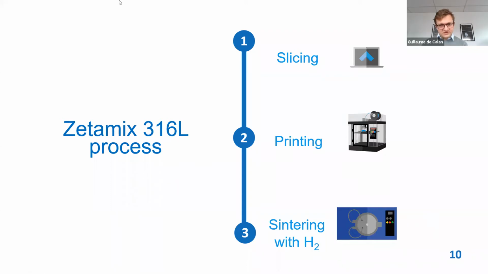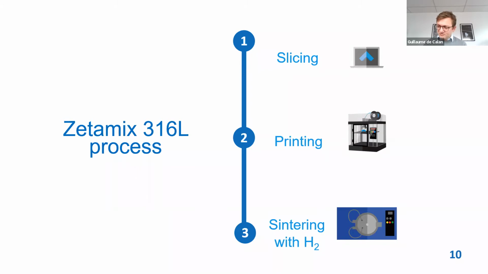So that's the general overview of the process for the different kinds of filaments. I can see there's a few people starting to ask questions. I think I'll keep the questions for the end of the presentation, but really feel free to write them down and to keep them somewhere.